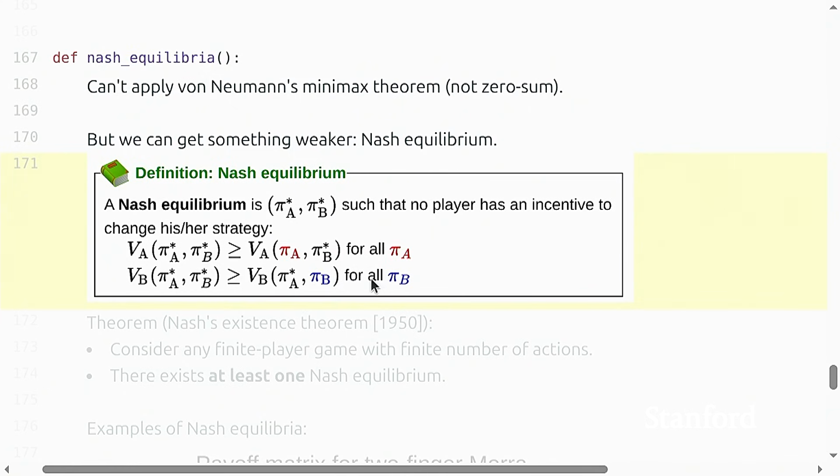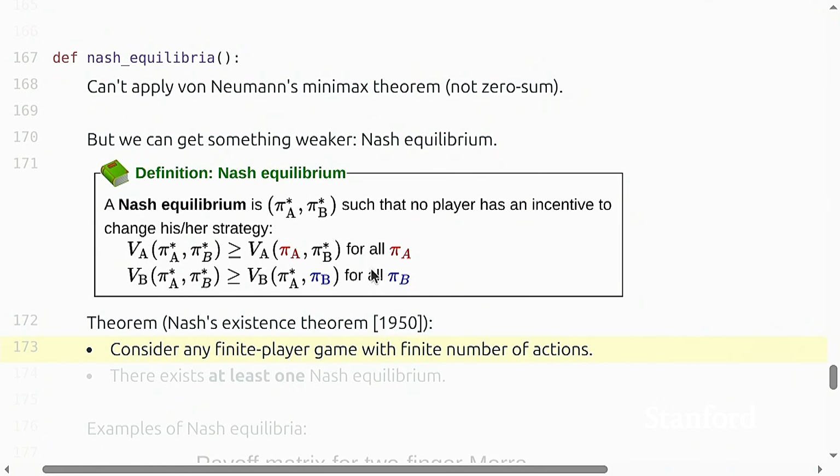Okay? So this is a Nash equilibrium. And in 1950, Nash proved this really beautiful theorem, the existence theorem, which says that as long as you have a finite number of players and finite number of actions, there exists at least one Nash equilibrium. So there is at least one solution.